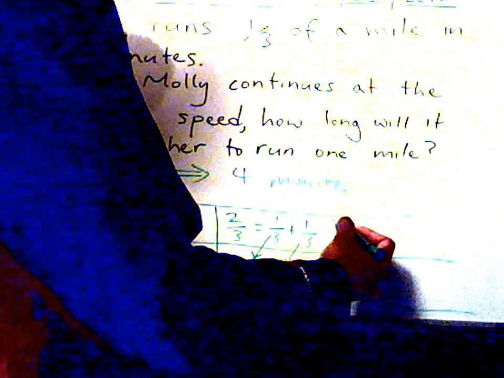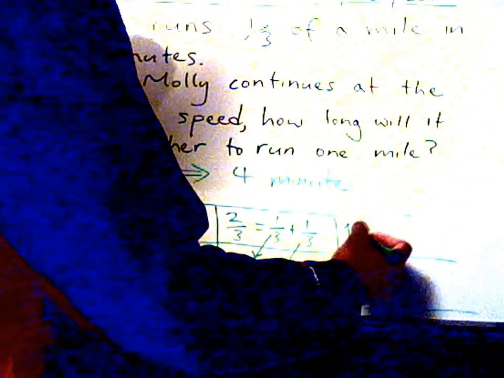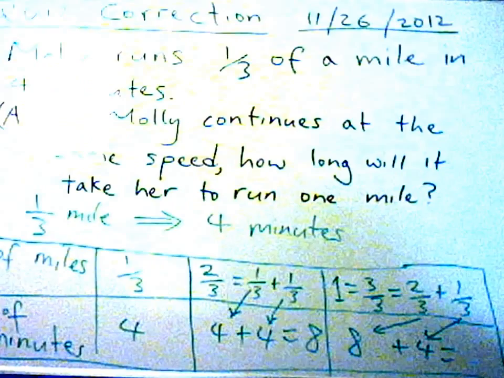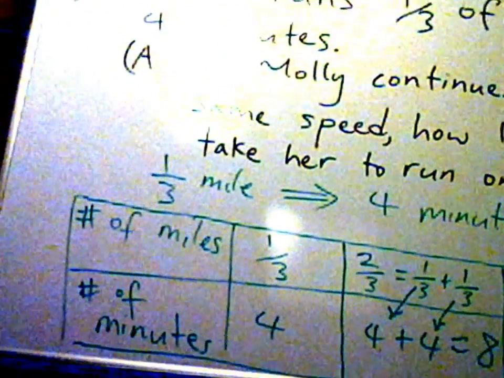And now we know that 1, which is the same as 3/3, is the same as 2/3 plus 1/3. And that's going to be the same as 8, because it took 8 minutes to run 2/3 of a mile, plus if I run another 1/3 it takes me 4 minutes. So finally it's going to take 12 minutes.